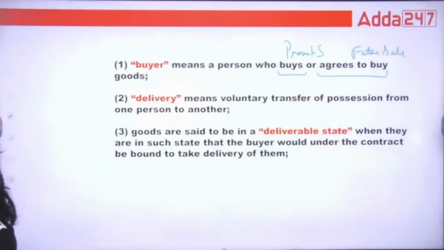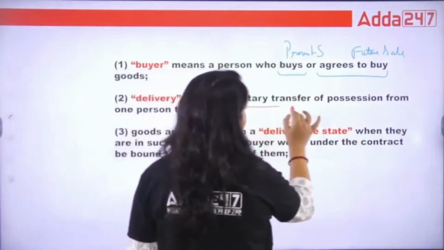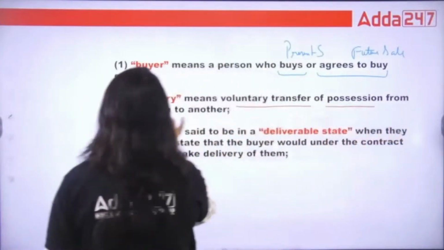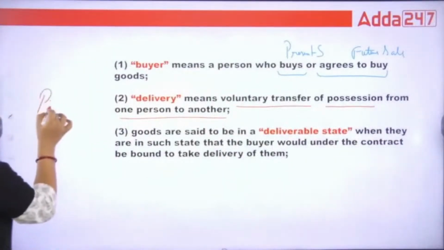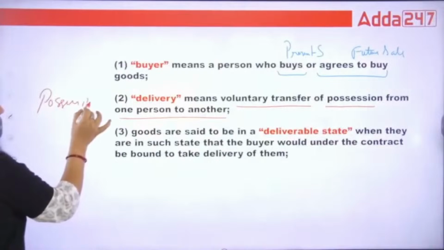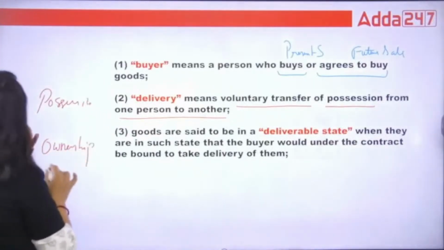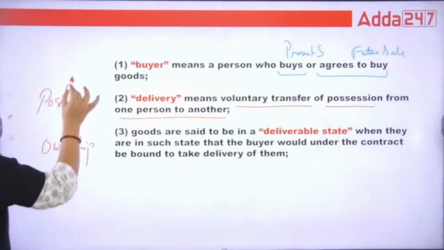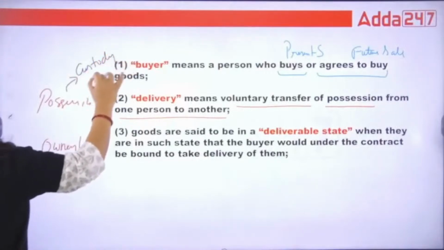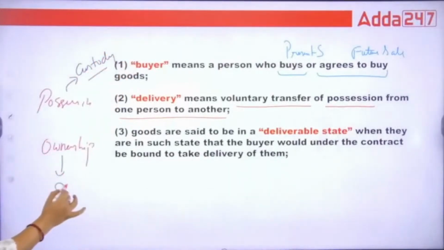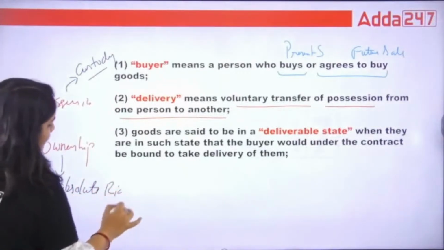Done. What is delivery? Delivery means voluntary transfer of possession from one person to another. So there is a difference between possession and ownership. What is possession, class? Possession means that is called possession, and ownership, you have an absolute right.